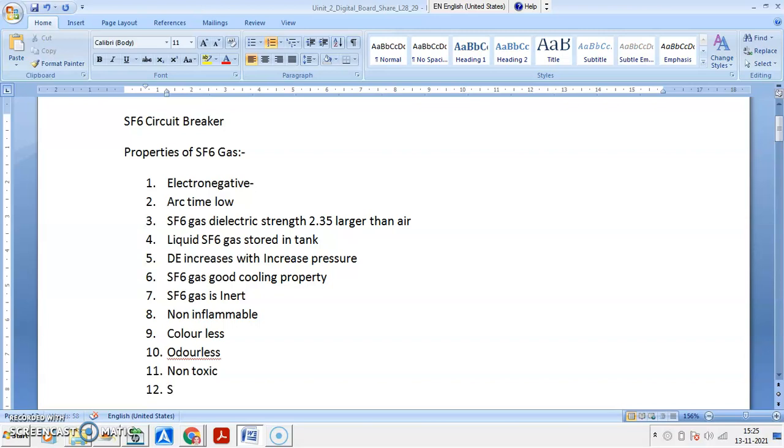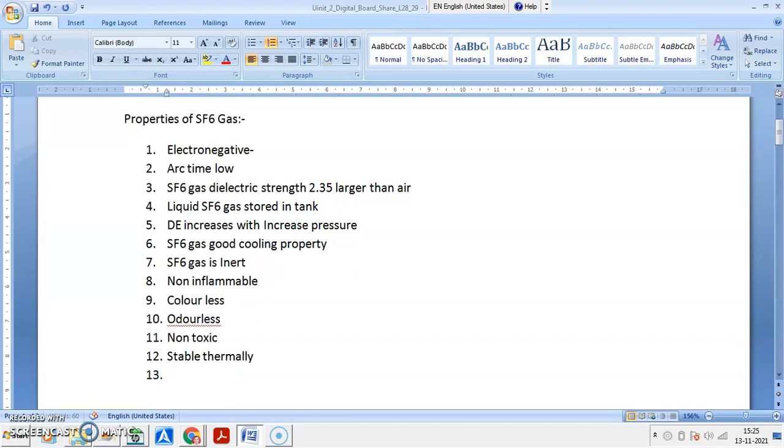It is thermally stable. And this gas has more density, 5 times more than air. Okay, understood? So these are very excellent properties of SF6 gas.